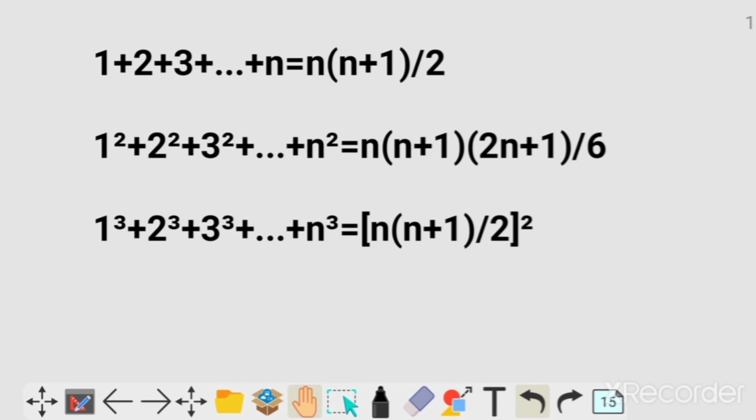That means the sum of all the cubes of the natural numbers is equal to (n into (n plus 1) by 2) whole square. That means the formula of n into (n plus 1) by 2, and its whole square, will be the sum of the cubes. So I hope it's clear to you.